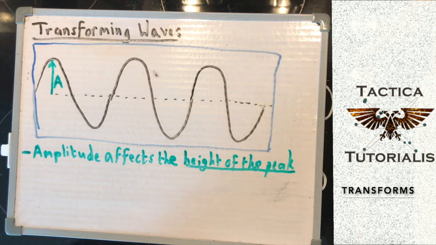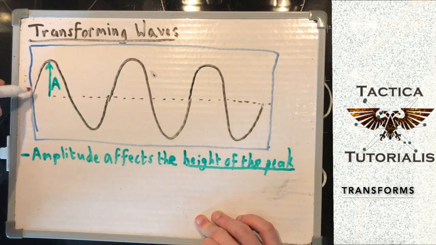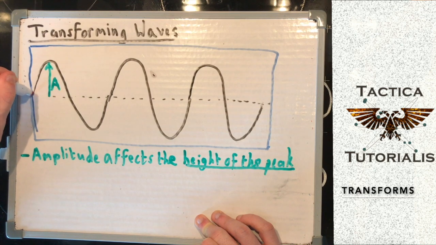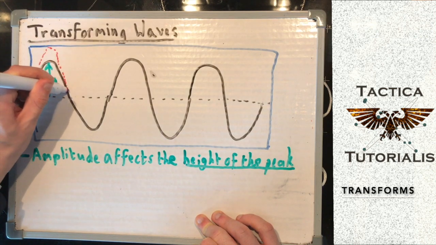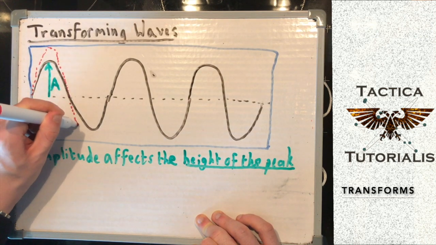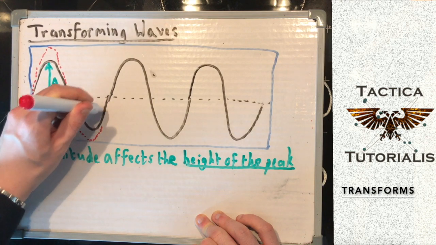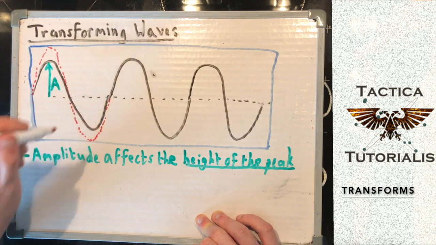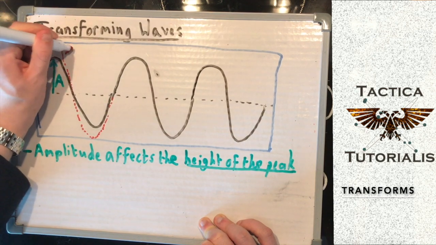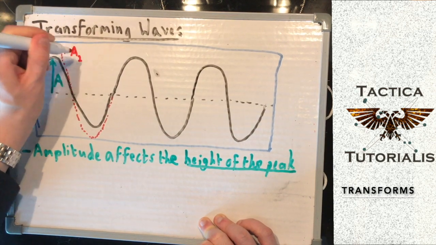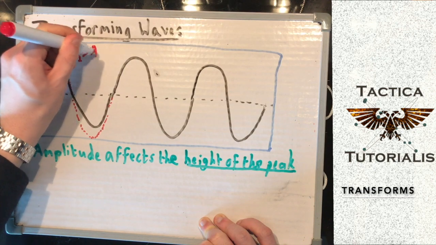However, where the wave is will not change. So if I was to say increase the amplitude, then my wave would now look something like this. And notice where it is. So this is with A2 greater than A1.